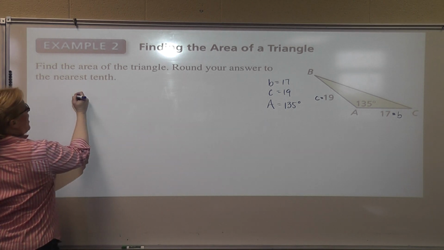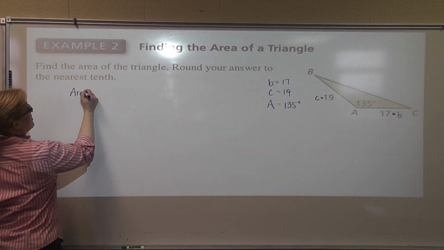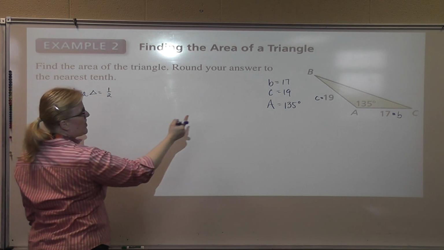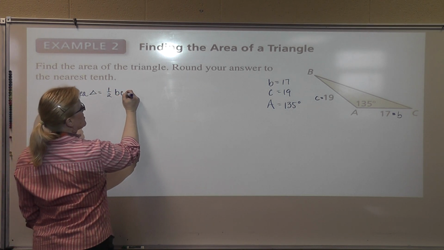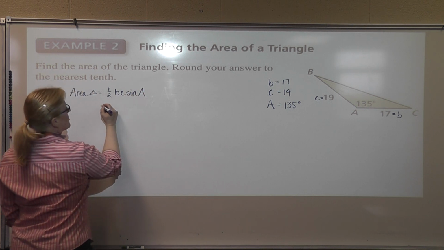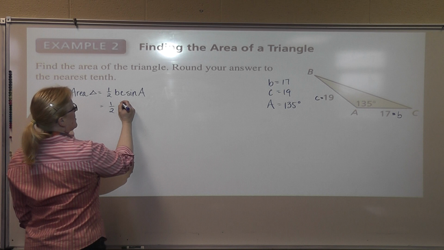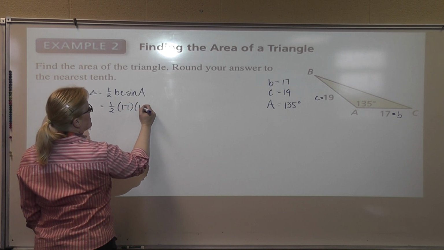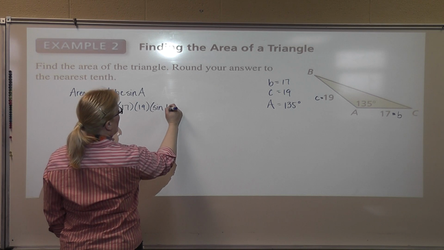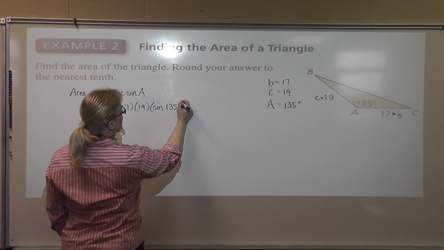So I am going to use the area of this triangle is 1/2 B times C times sine of A. So I have 1/2 times 17 times 19 times the sine of 135 degrees.